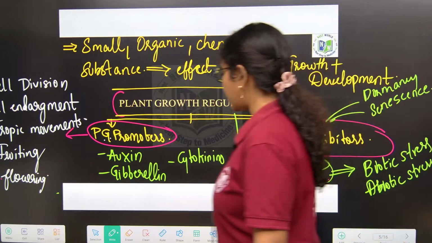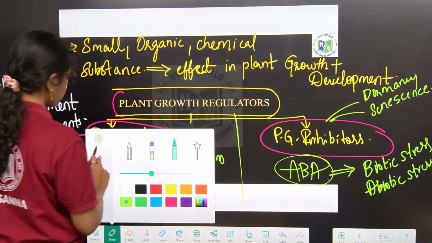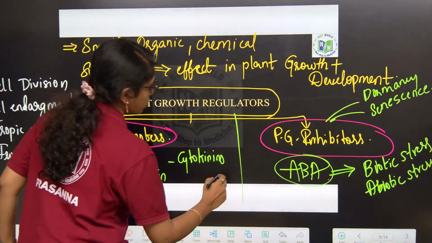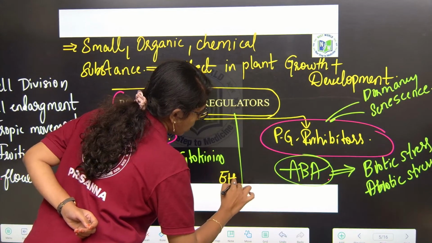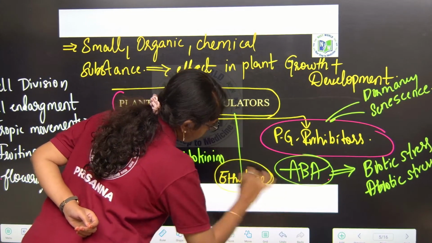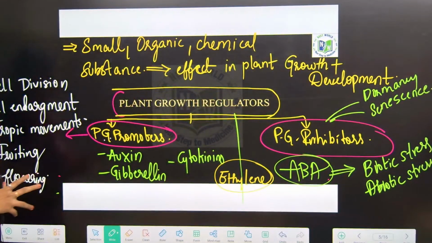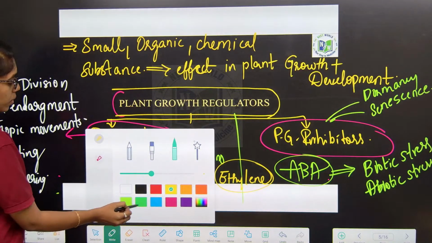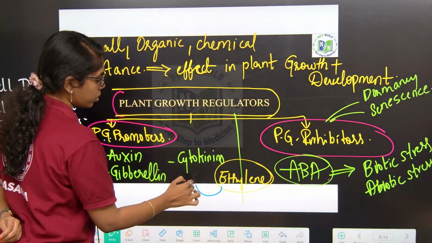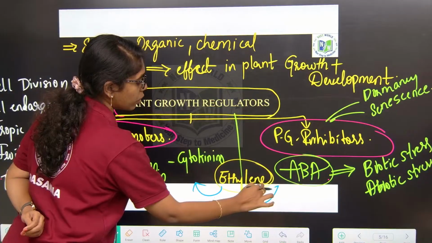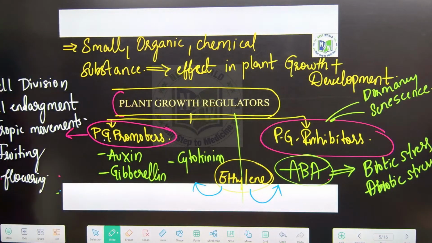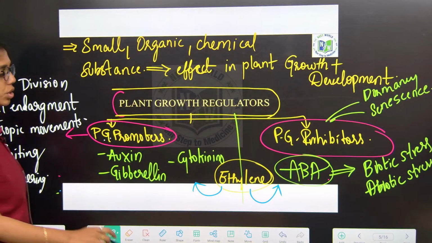In the midst of this, ethylene will show both plant growth promoter activity and plant growth inhibitor activity. Most of its functions are inhibitory.